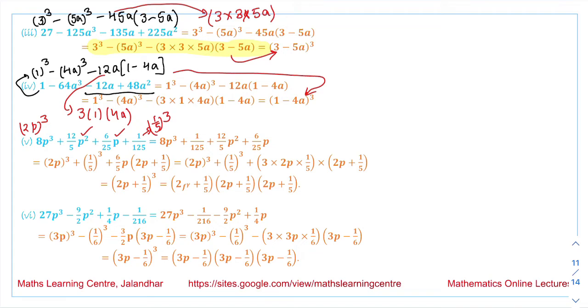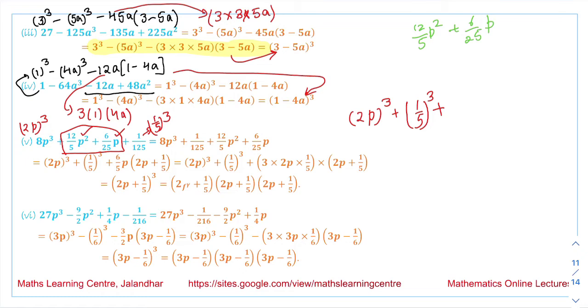So first of all we are looking at the terms with the cubes. These two terms we have obtained, so we get 2p cube plus (1 by 5) cube plus, now we are left with the middle two terms, that is 12 by 5 p square plus 6 by 25 p.